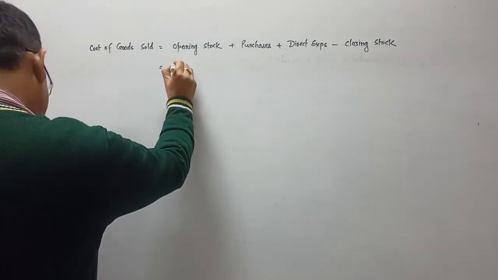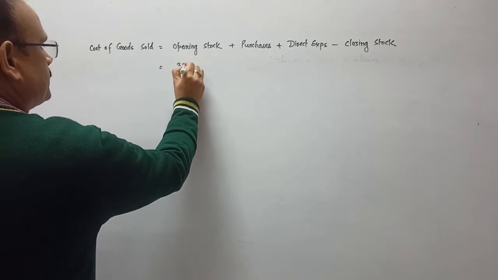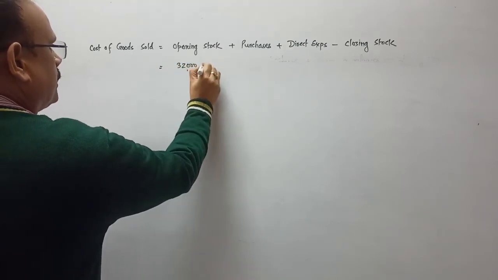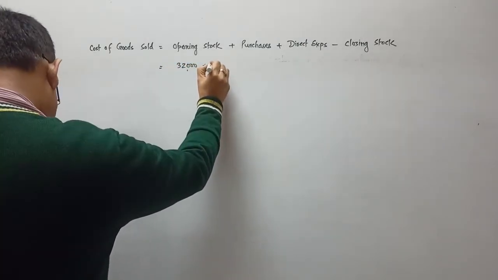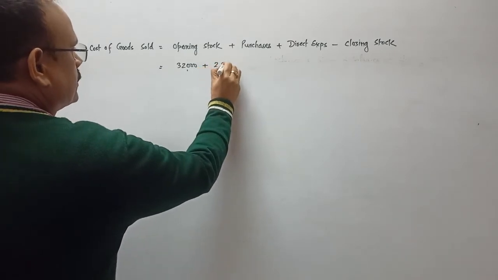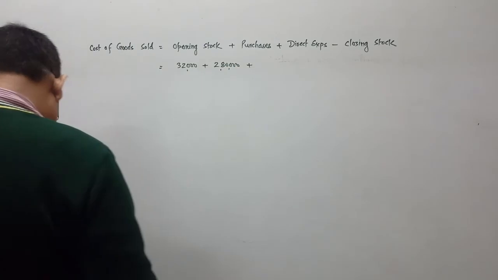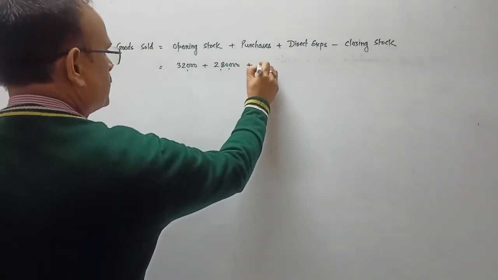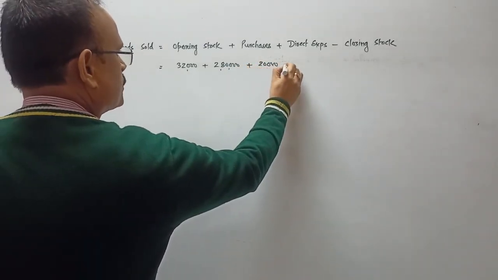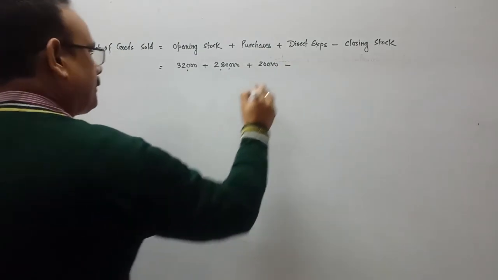Opening stock in this question is 32,000. Opening stock plus purchase: 2,80,000 is the purchase, plus direct expense 20,000, and closing stock is 50,000.